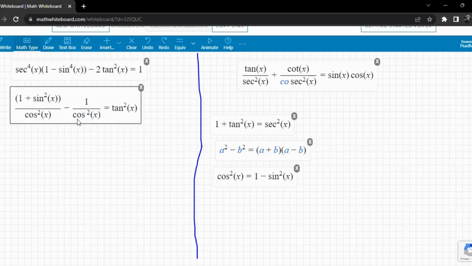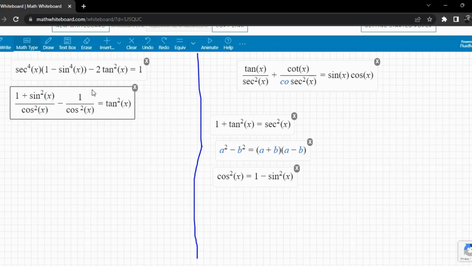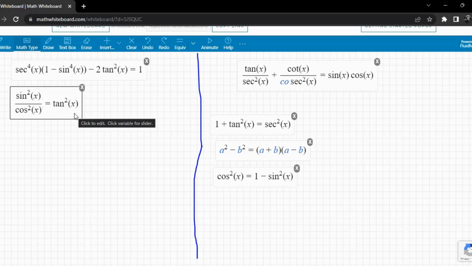Let's remove the brackets for easier calculation. Because they both have the same denominator, we can directly subtract. So 1 and minus 1 cancel each other out, and what we're left with is sine square x by cos square x, equals tan square x.